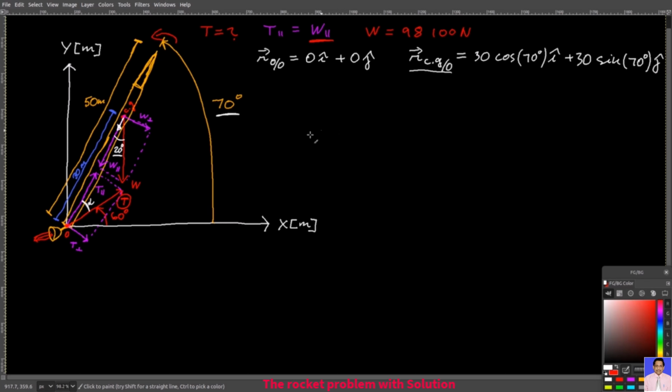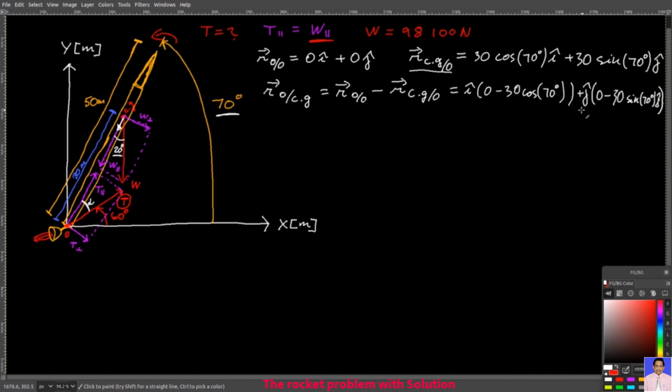So this position vector goes from O to CG. So it goes right here. But now I'm going to calculate a displacement vector, which will be R of O with respect to CG. So it's this position vector minus this position vector, and it looks like this. So you end up having this displacement vector, which is essentially the same vector as this one here, but in the opposite direction. It goes from CG to O.